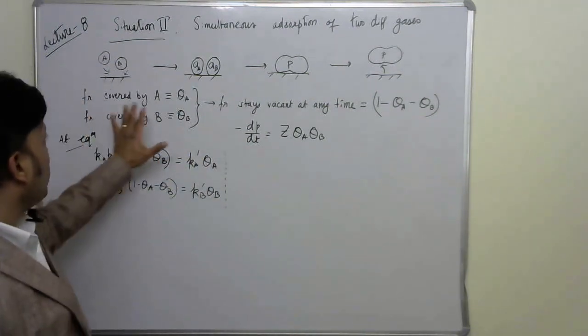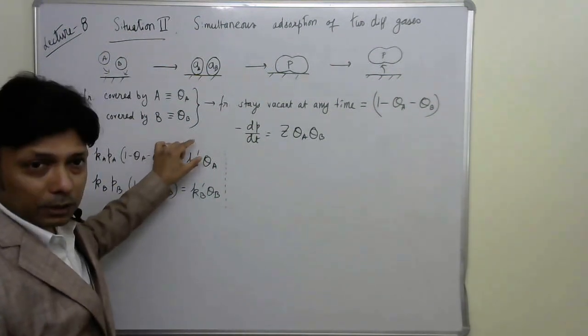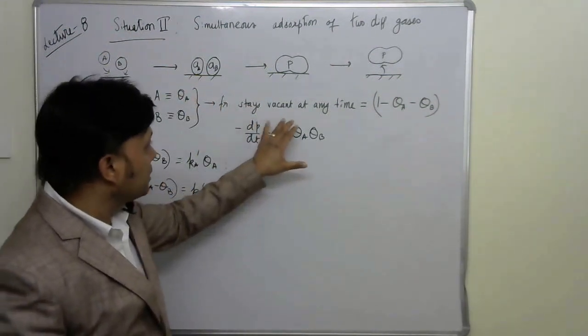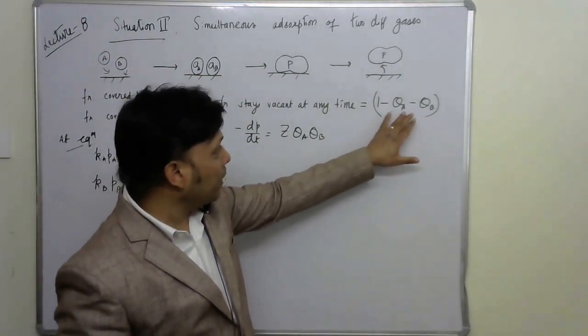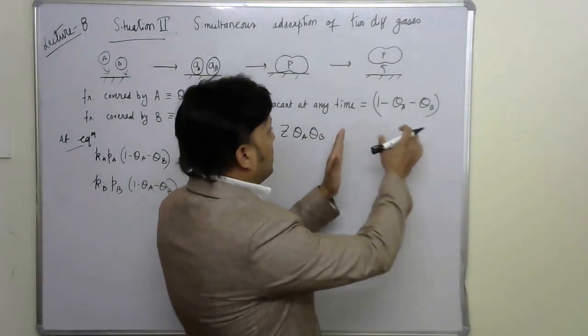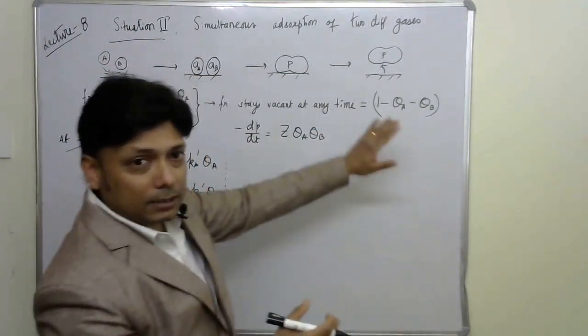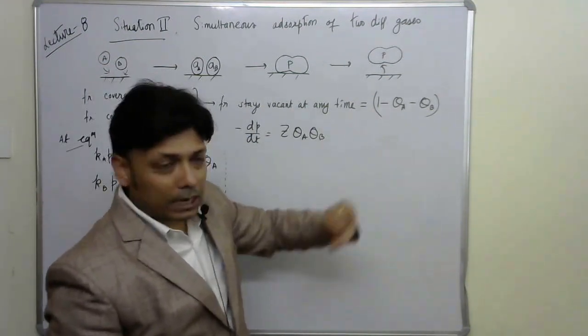The fraction covered by gas A is given by theta A, and the other one by theta B. So the fraction that stays vacant at any time is equal to 1 minus theta A minus theta B. Basically the total occupancy becomes theta A plus theta B, and hence the vacant fraction goes like this.